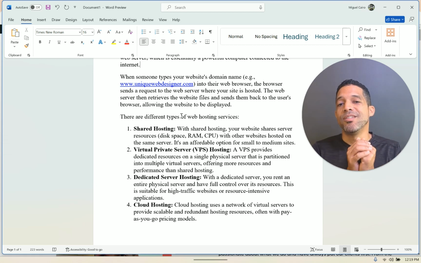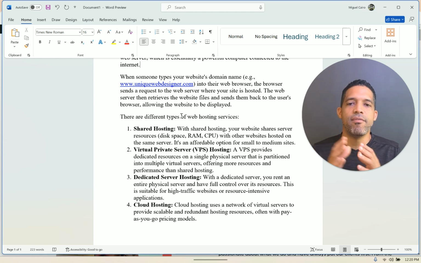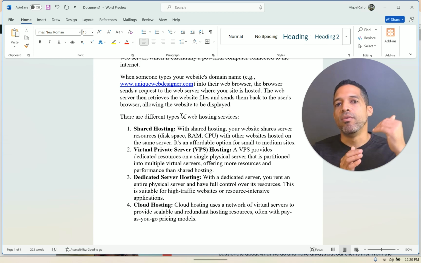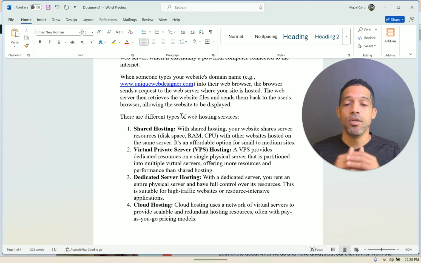But when it comes to service-based businesses, like small business owners, that's all you need. Shared hosting is enough because you're not going to have a bunch of fancy graphics at the beginning. You're not going to have a ton of traffic, like over 10,000 people visiting your website. So shared hosting is completely fine.